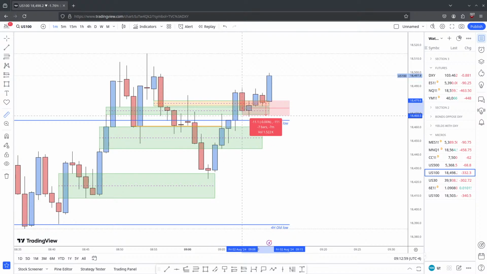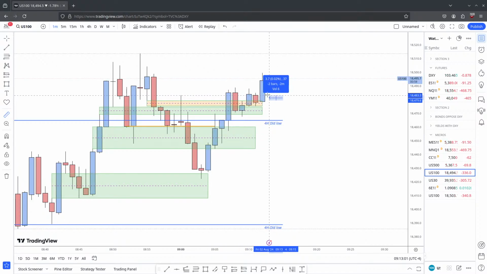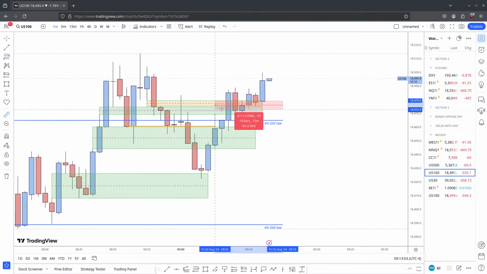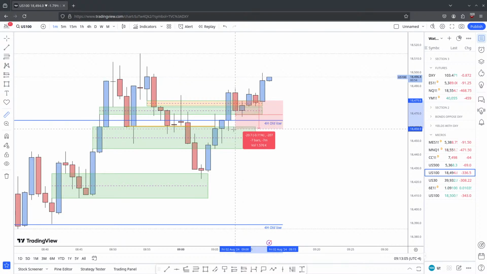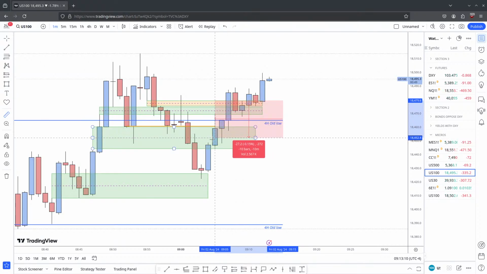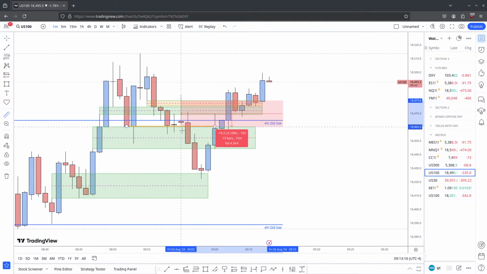Would be reaching for that. And the hypothetical stop would have been there, down there below this fair value gap.